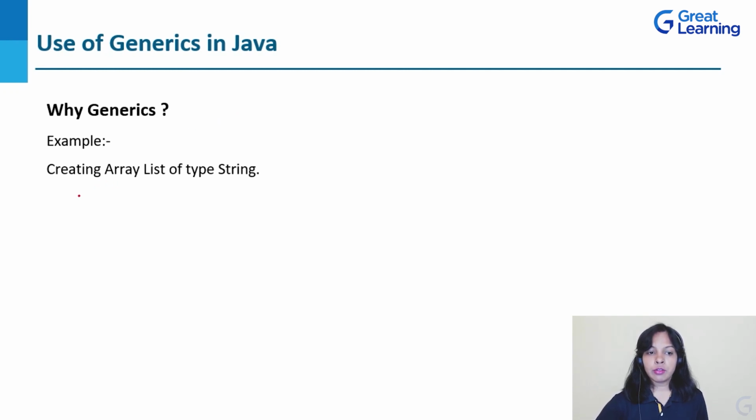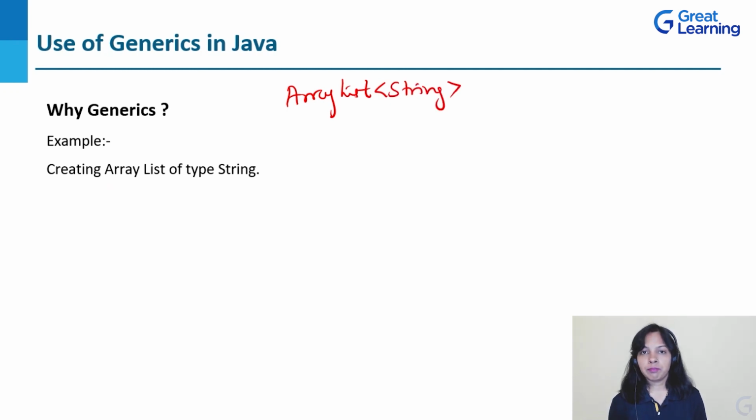So I'm going to create an ArrayList of type String again. In this case, in the angular brackets, I'm going to specify String, because here I'm making use of a generic class ArrayList, which is specified for type String.